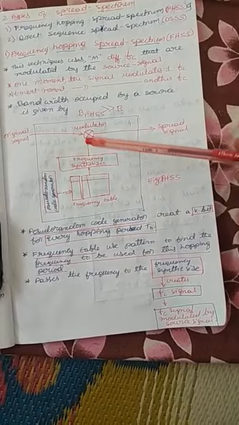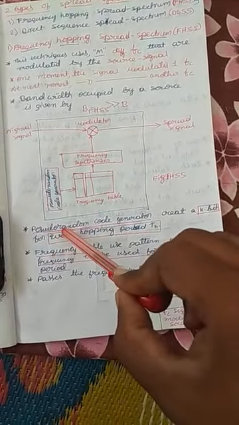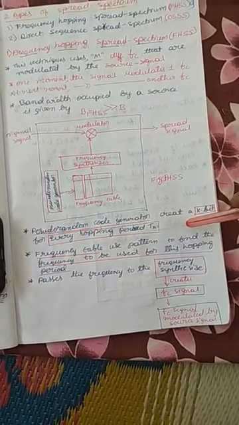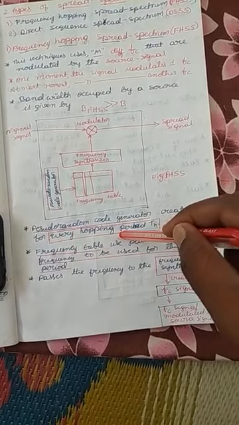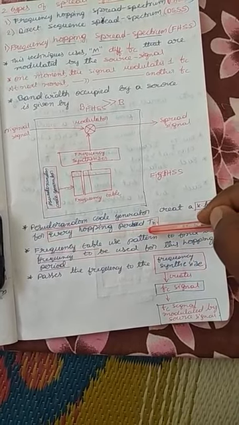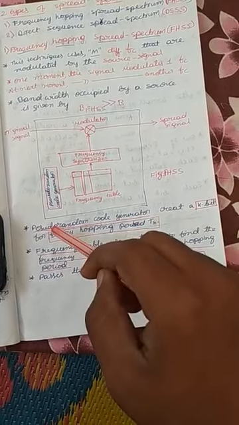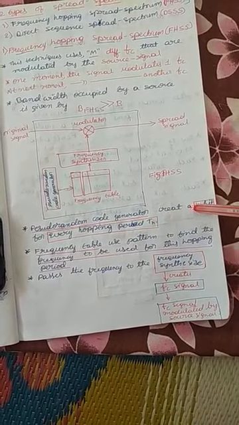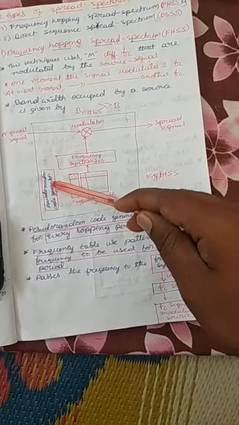How does this work? The pseudo random code generator creates a k-bit pattern for every hopping period T_h.